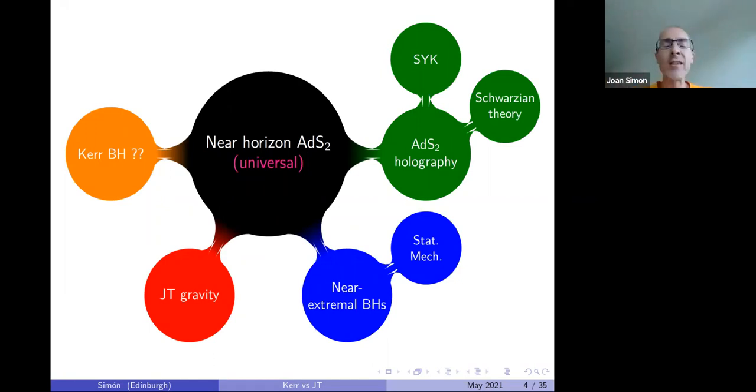near-extremal black holes and near horizon geometries, AdS2 throats, the relation to statistical mechanics, the meaning of AdS2 holography has been in the field for many years. It has appeared in different formalisms, Kerr/CFT, of course AdS/CFT, the sense formulation of AdS2 entropy and higher order corrections.